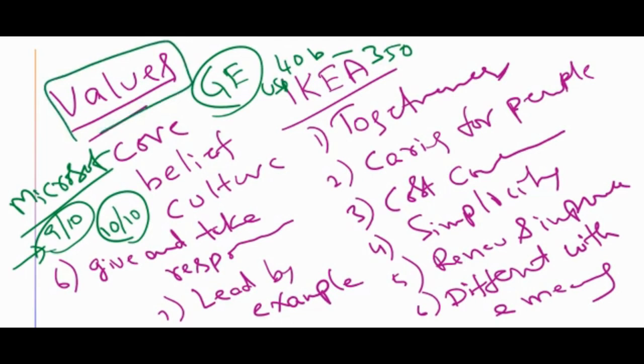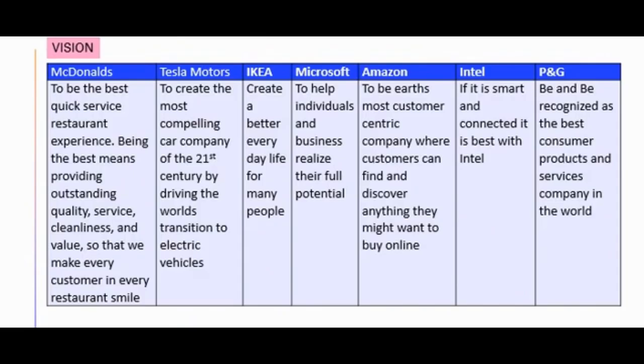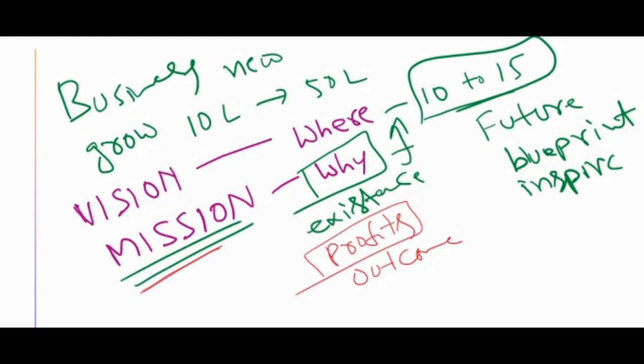So now friends, let us look at some examples. Like I mentioned, for various well-known companies, we will take their vision statement and mission statement. So what is the purpose of a vision statement? We have seen that vision tells you where you want to reach in the next 10 to 15 years, and mission tells you why you want to reach there.